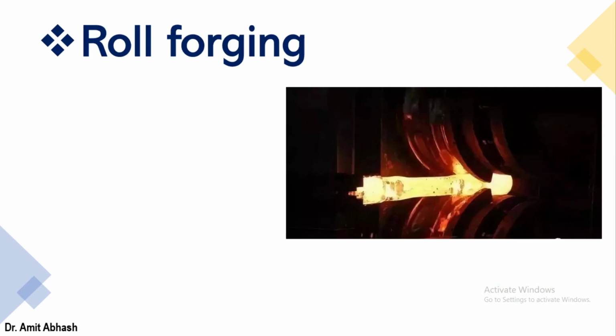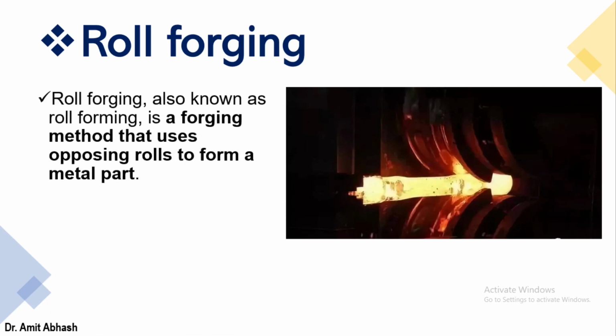The next one, and the last one in this type of forging, is roll forging. In the roll forging operation, the first point is that roll forging, also known as roll forming, is a forging method that uses opposing rolls to form a metal part. Meaning the rollers will be used as a die, and this will ensure the movement of the metal between the rolls to produce the final shape of the product.